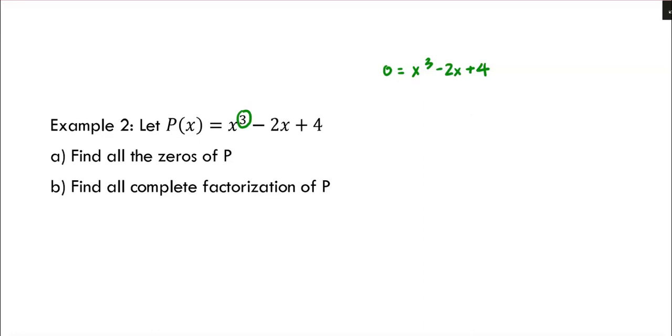We have to use the rational root theorem and do plus or minus 1, plus or minus 2, plus or minus 4. There's no way to factor this. So we know that the rational factors could be plus or minus 1, plus or minus 2, and plus or minus 4. Okay, so let's go ahead and use synthetic division.